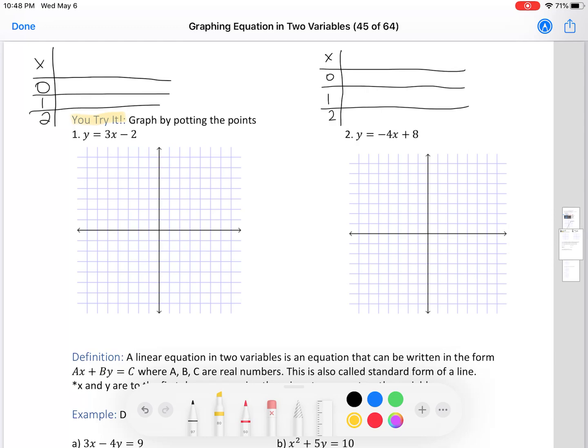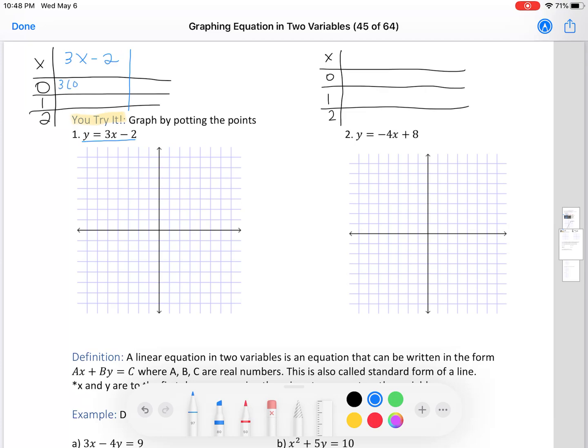Alright, let's go ahead and work it out. Our rule for the first one is y is equal to 3x minus 2. Okay, we're going to work this out. Let's see what we get.